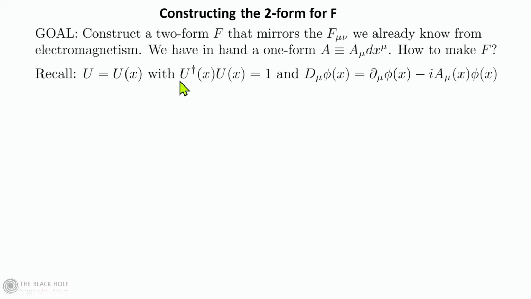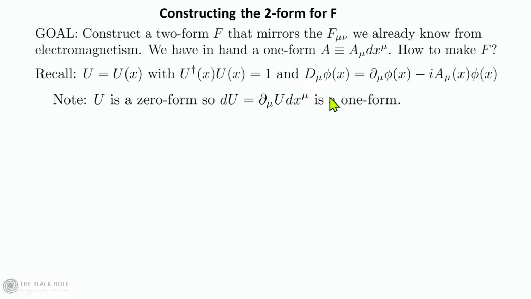And it's a unitary matrix. So U dagger U is 1 at every point in space. This is the U that transforms the A, and this compensating field A mu is put in the covariant derivative. So the covariant derivative we defined as this.